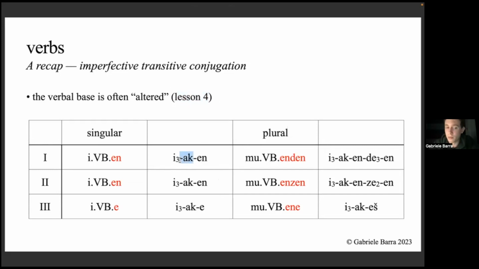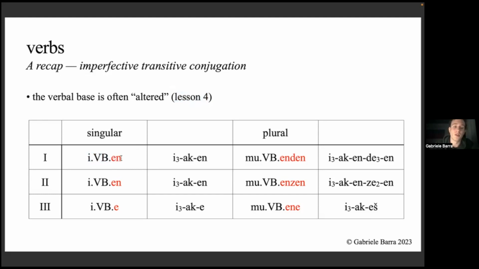Ak doesn't change, so it stays the same. But again, if you want to go, just look at lesson 4, you'll see the changes and stuff. In the homework, I point out when they change, so no problem. But that's one more thing to study, I guess. So in this conjugation, you don't add anything before, you just add it afterwards.